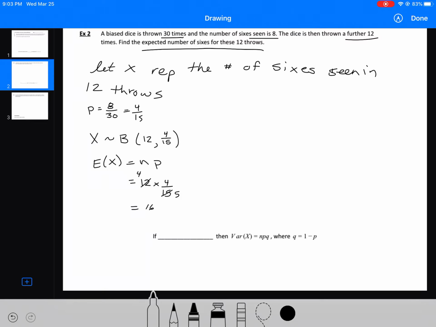So we should get 16 over 5, which is 3.2. Here's a good example. It came up before. It doesn't have to be a value that's actually obtainable.